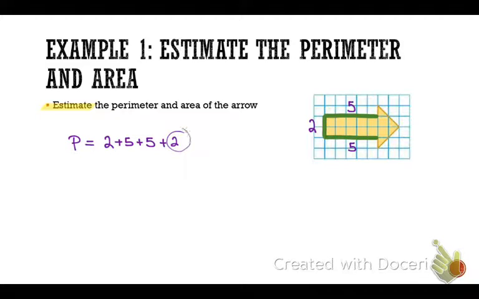So this represents those halves. All right, y'all with me? So we just add them together, and that is 14 units. Oh, actually, that's not perimeter, that's the area. Okay, because that's how much inside. That's 14 units. We'll go back and do perimeter.